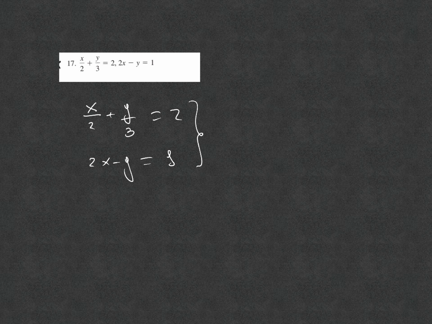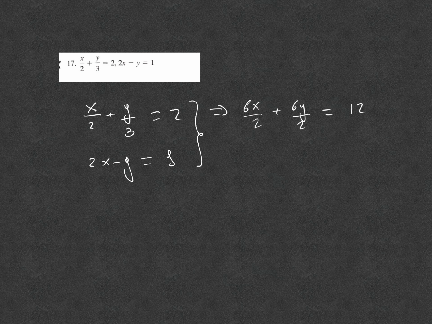What is the procedure that we will do? There are many procedures to solve this system of equations. The best procedure may be to multiply the first equation by 6. So it will be 6x divided by 2 plus 6y divided by 2 equals 12.